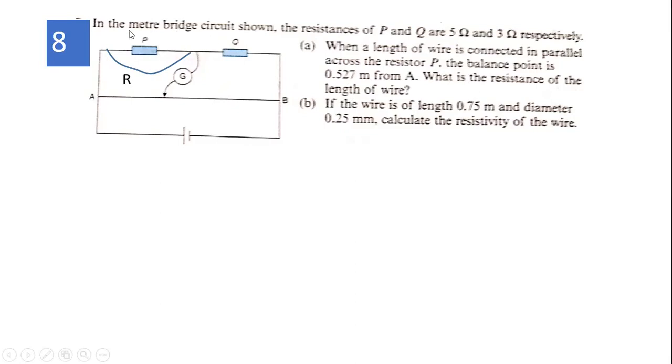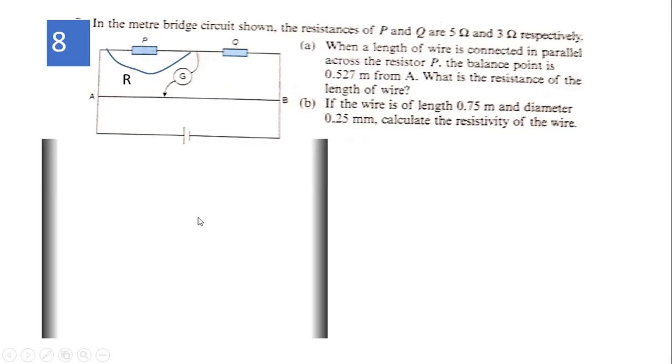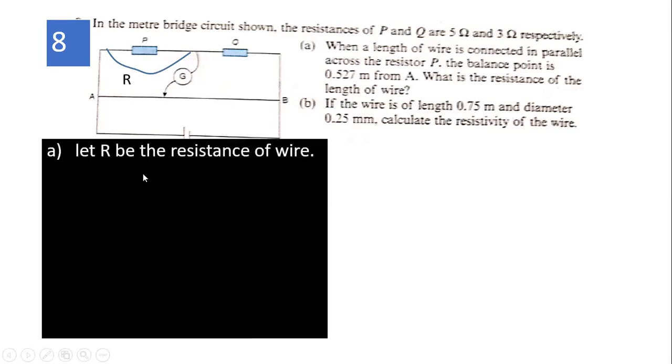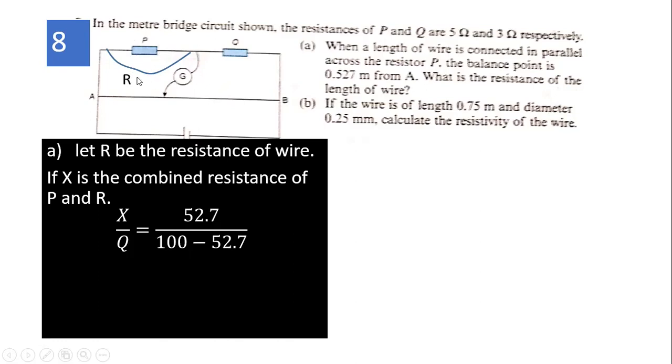Okay, so we can find the total effective resistance here. It's the same formula. Let R be the resistance of this wire. X is the resistance of these two, P and R. So X over Q is 52.7. I change to cm.